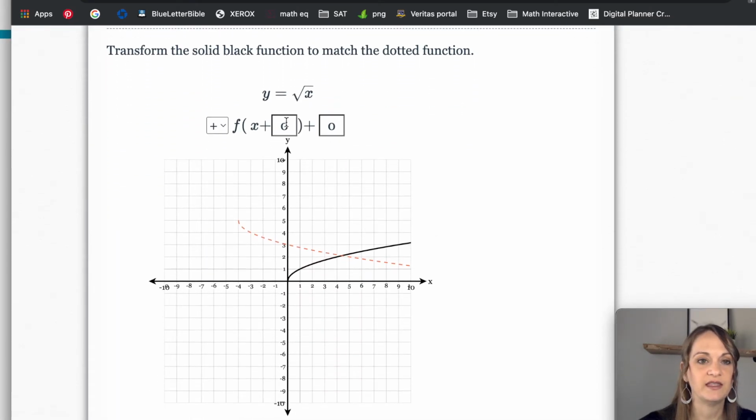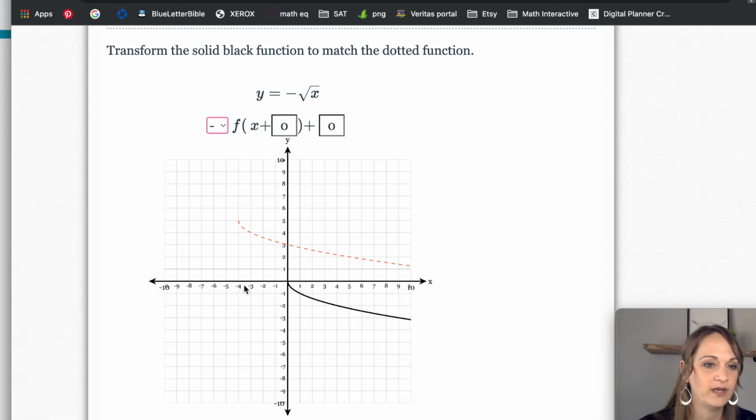So let's do another one. This is a square root of x. You start at the parent function, and then you're going to get to what the dotted line creates. So one thing I noticed is that it did reflect across the x-axis. So we know that there is a negative in the front.